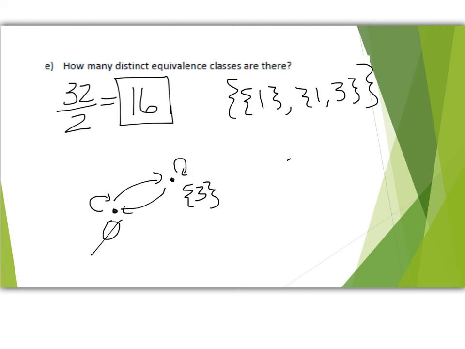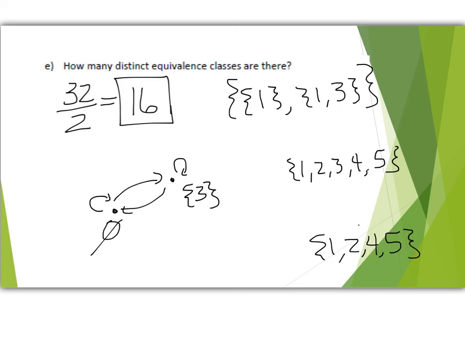And I can sort of also think about the big subsets. So the subset containing 1, 2, 3, 4, and 5 is going to be related to the subset containing 1, 2, 4, and 5. And I hope you can convince yourself that there are 2 elements in each equivalence class and 16 different classes.